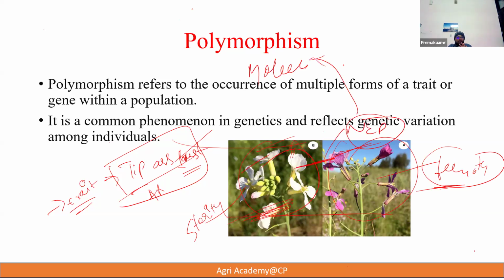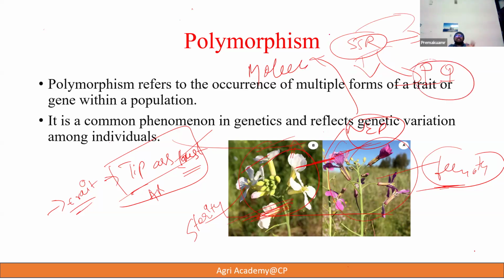That's why we go for molecular markers. For example, take the SSR marker. This marker genotype is nowhere related to the fitness of an individual because they are repetitive sequences, mainly in repetitive genomes. They do not have any exons and will not affect any particular genes. That's why you can easily use it as a marker. But any trait which affects the survivability or fitness of an individual, you can't use it. Understood?